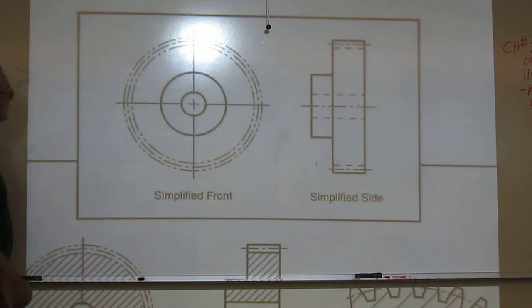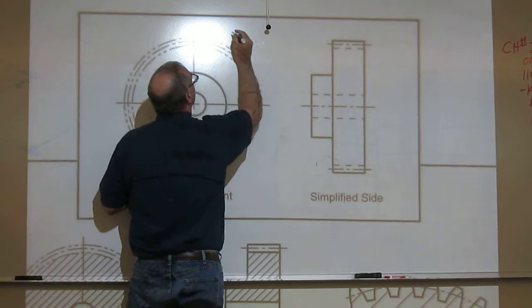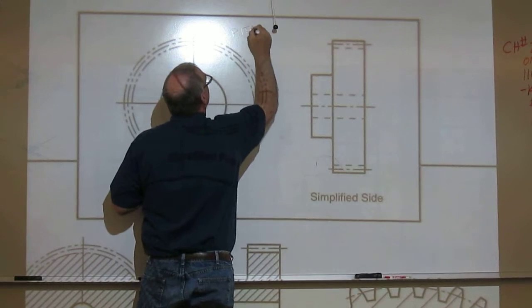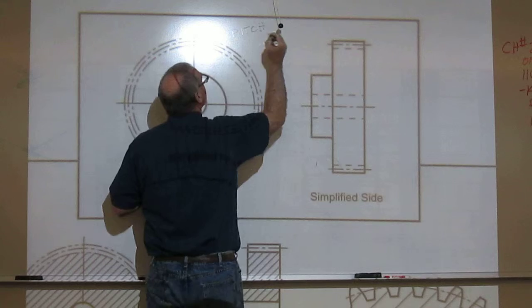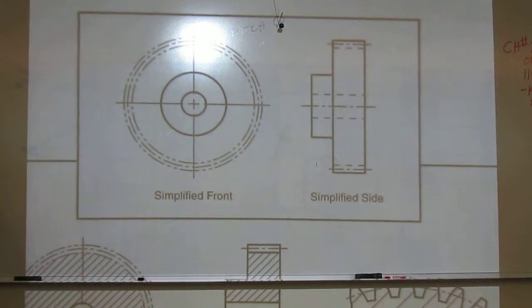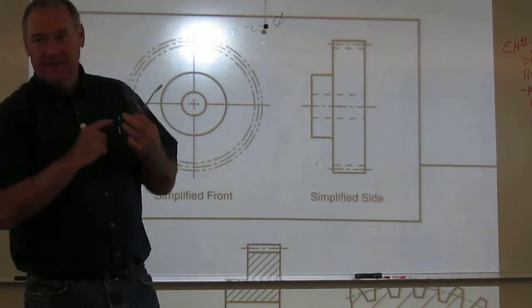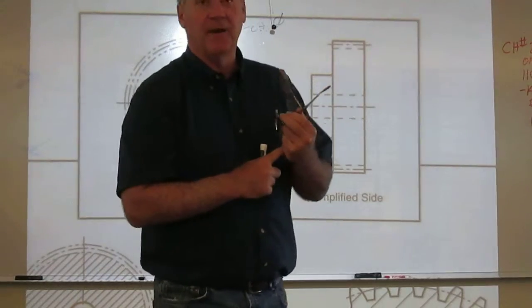When you look at something like this, that center line is the pitch diameter. We're going to come back and define this again tomorrow in more detail, but this is the most important thing you need right here.